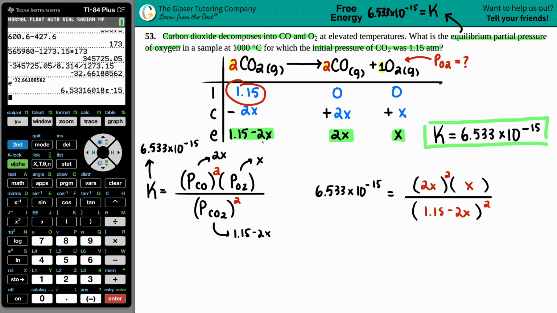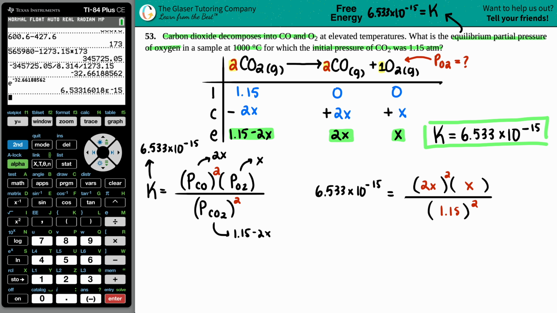But if you started with all reactants and you're left with mostly reactants, this change is not going to be great. Which means that I can just say, hey, probably the ending result is so close to 1.15 that I don't even care about the minus 2x. So I'm going to erase it. We could do the 5% rule at the end just to see whether our assumption was correct.